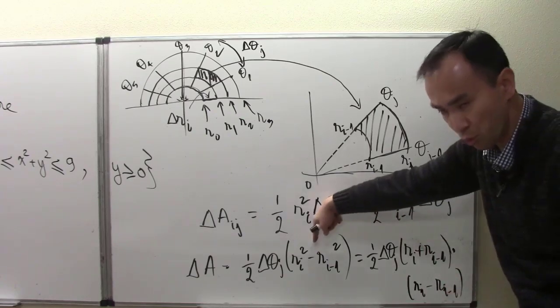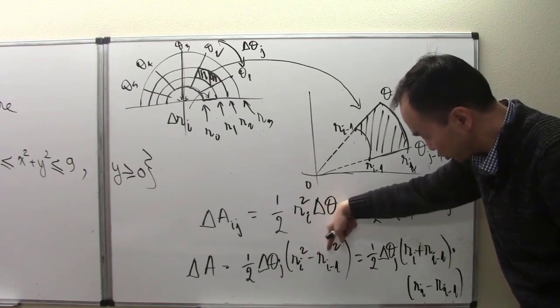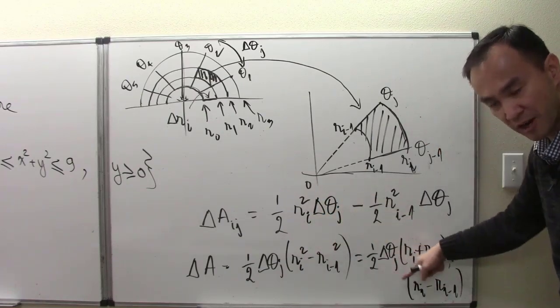So the difference of two squares has turned into this factor product.